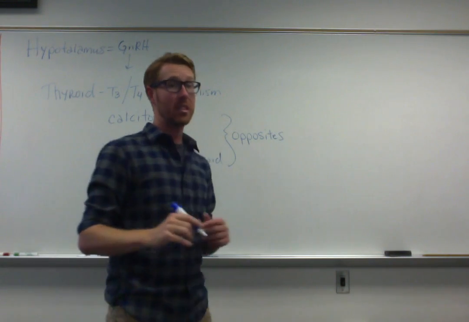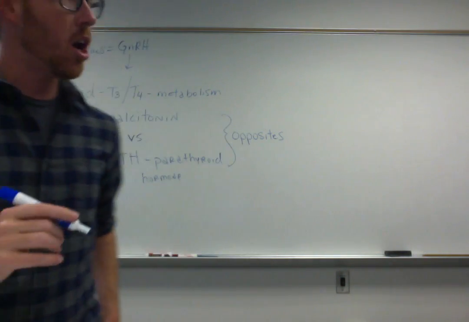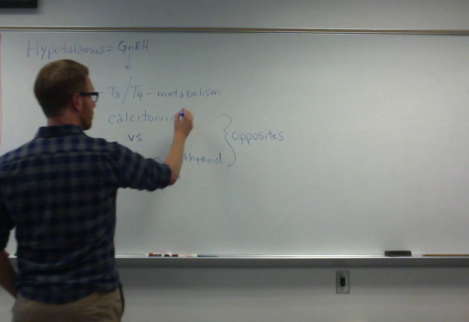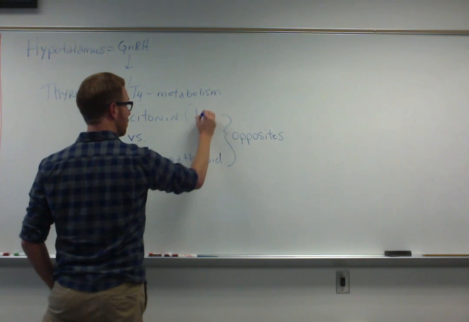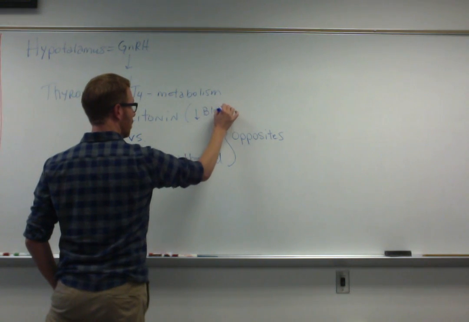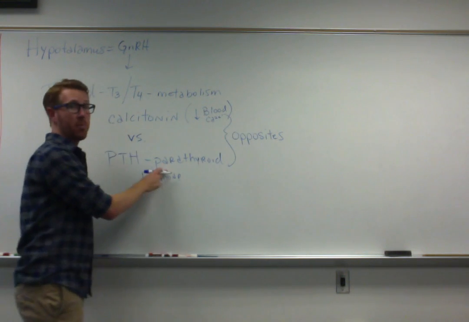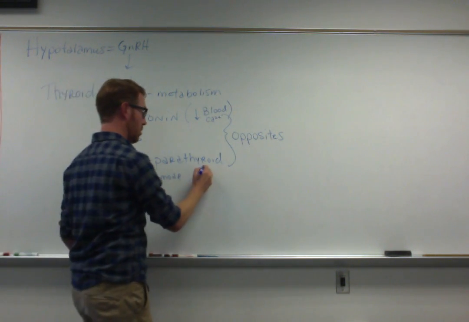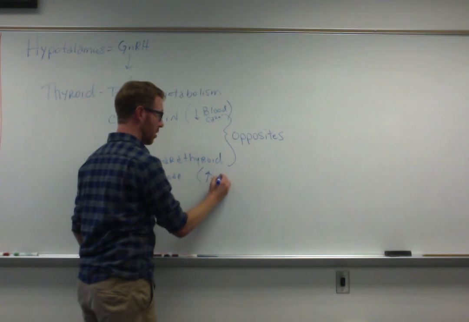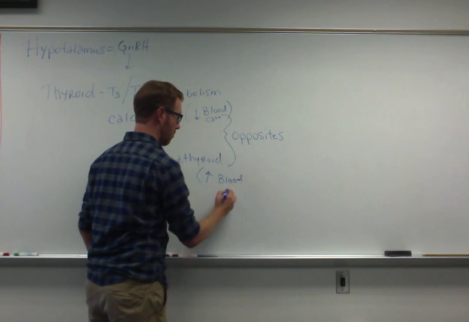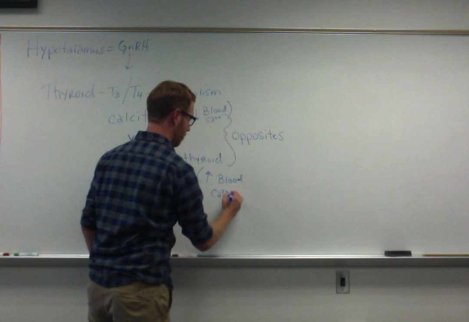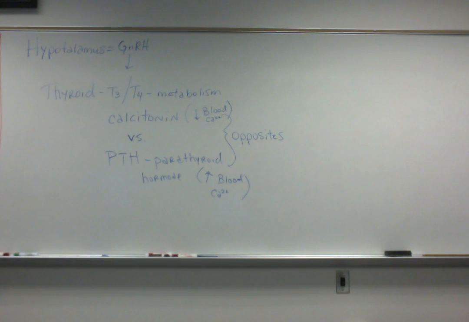Calcitonin lowers the blood calcium levels. So if this is an antagonist, what does it do? It increases blood calcium.